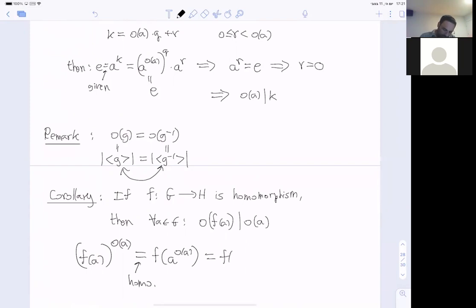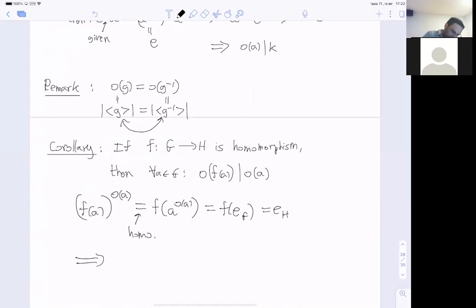So it is F of E_G. And we have already shown that in groups, or in monoids in general, F of E_G is E_H. So if this to the power of OA is E_H, then it means that the real order of F(A) divides OA, because if this takes it to E_H, the real order should divide it, by the last claim.